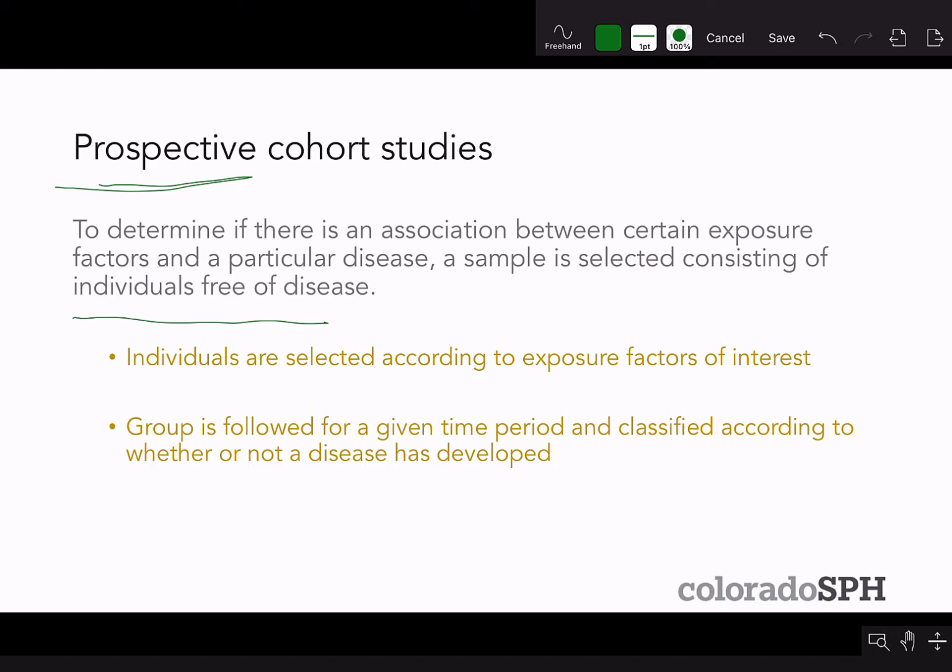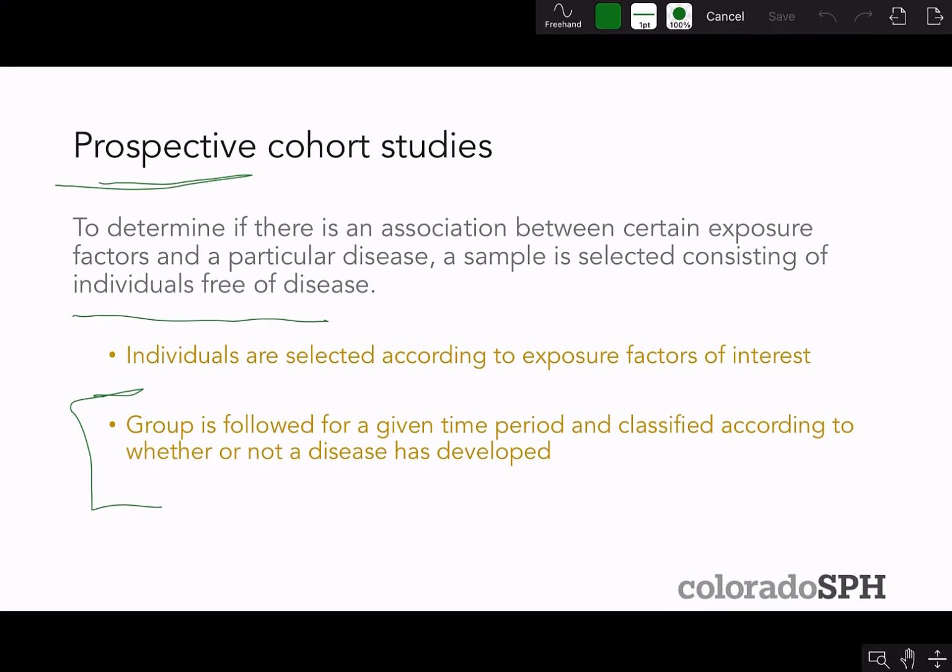These samples are selected according to some sort of exposure factors of interest. Then that group is followed forward in time for a given time period and classified according to whether or not each of them developed the disease in that given amount of time.